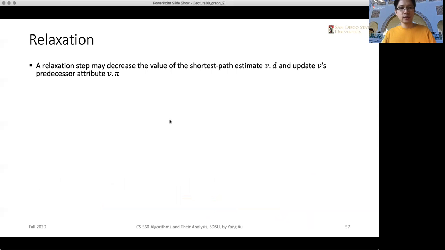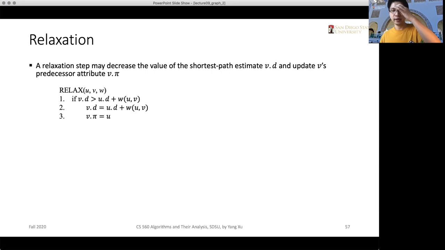Okay. All right. So a relaxation step may decrease the value of the shortest path estimate V dot D and update V's predecessor attribute. This is what the relax procedure looks like. It takes the U vertex, the V vertex, and the weight function W. Remember that W is not a vertex, W is a weight function.